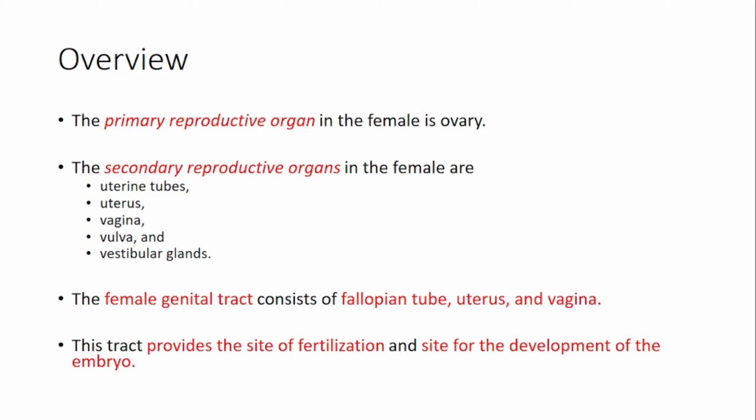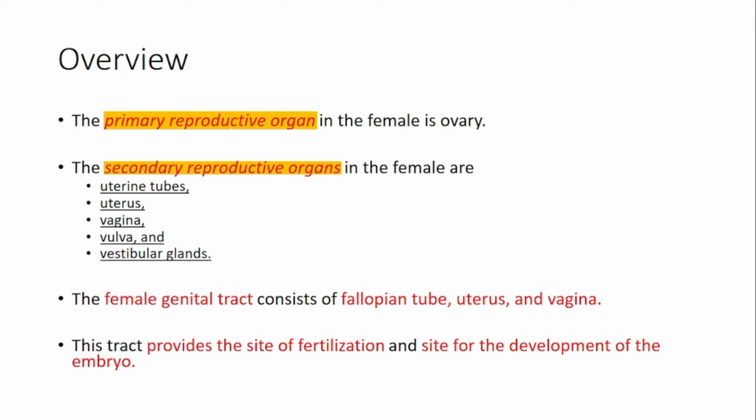The female reproductive system, like the male reproductive system, has a primary organ and secondary organs. So the primary reproductive organ in the female is actually the ovary, and the secondary reproductive organs in the female include the uterine tubes or the fallopian tubes, the uterus, the vagina, the vulva, and the vestibular glands.